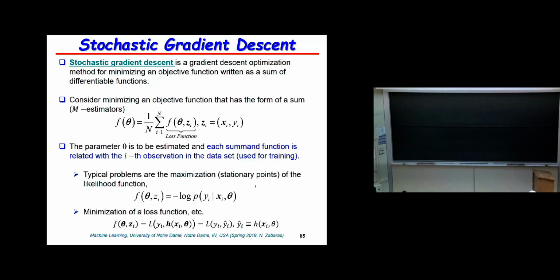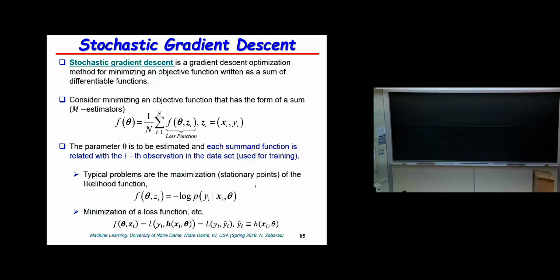I'm referring here to the context of training something: when you train and try to minimize a loss function, you can think of the loss function computed one data point at a time.